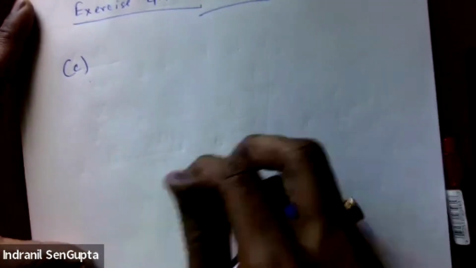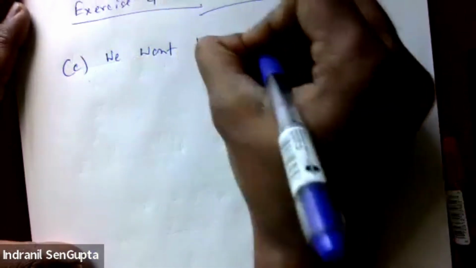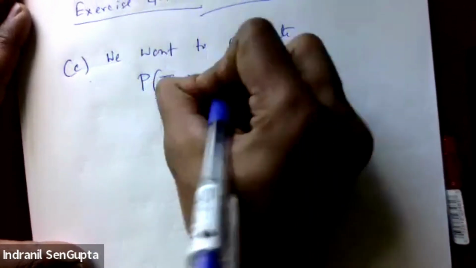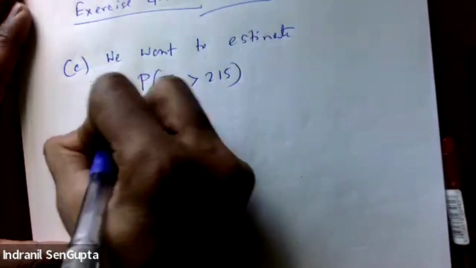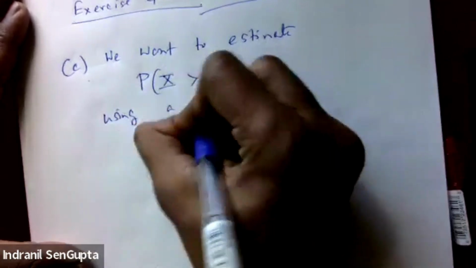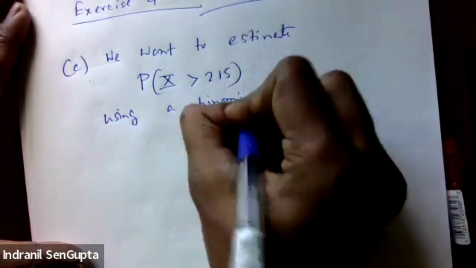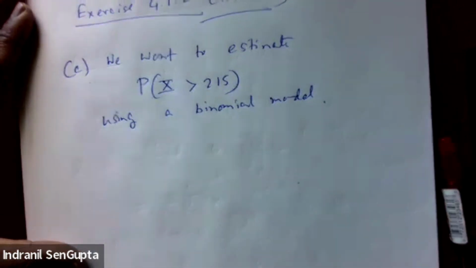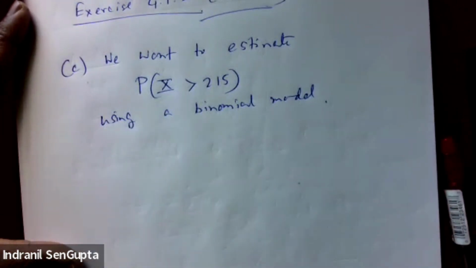Okay. So we want to estimate the probability of X bigger than 215 using a binomial model. Now it's going to be very easy. Why? Because we have just seen a result.